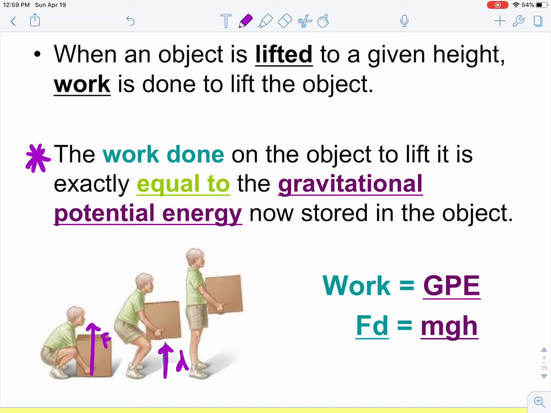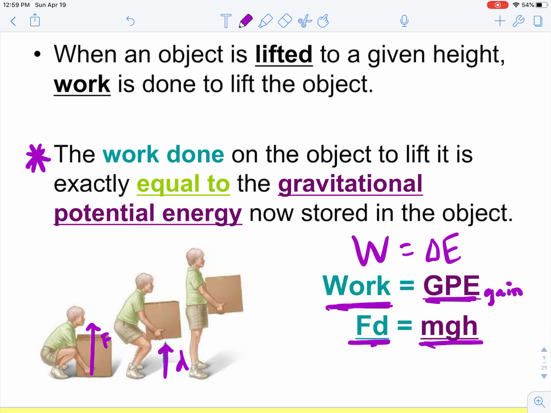The part of this where people struggle with is that you kind of have to make your own equation with this. And I know a lot of people don't like that, but again, this idea comes in handy right here. Work equals the change in energy that you see. In this case, we're seeing a gain in gravitational potential energy. So what I could do is I could set work equal to mass times gravity times height.